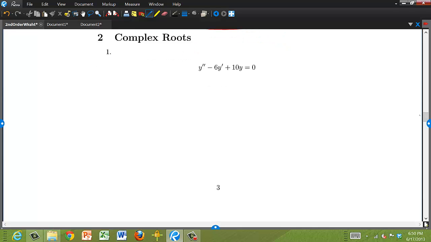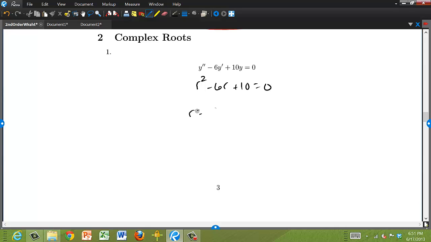All right, we also know that things depend on what kind of roots we have. So if I take a look at this equation, I want to write down the characteristic equation r squared minus 6r plus 10 equals 0. That one isn't going to factor for you. We should try to use the quadratic equation.